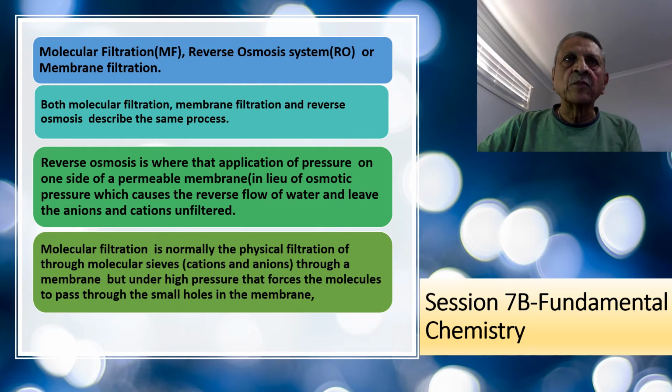And if you want to remove, say, sodium chloride from a salt water solution through the membrane or molecular filtration, when you apply pressure on one side, you'll find that the water, hydroxide ions and anions will pass through the membrane, but all the ions which are bigger will be retained.